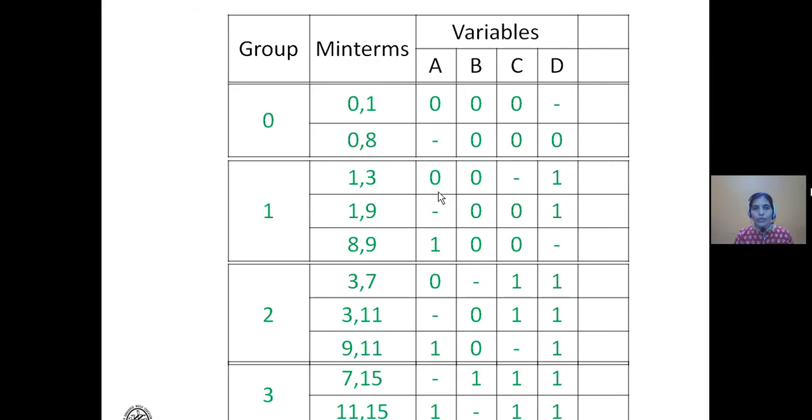The next step would be to obtain the group of four ones, and the procedure is the same. Group 0 is compared with group 1, group 1 will be compared with group 2, and group 2 will be compared with group 3 of the table which is shown. Now, when we compare group 0 with group 1, the pair is first matched with respect to the dash, and then it is checked whether any other single variable is changing.